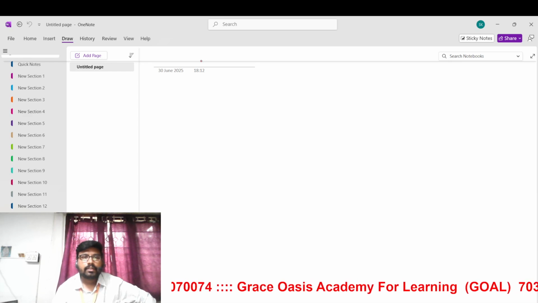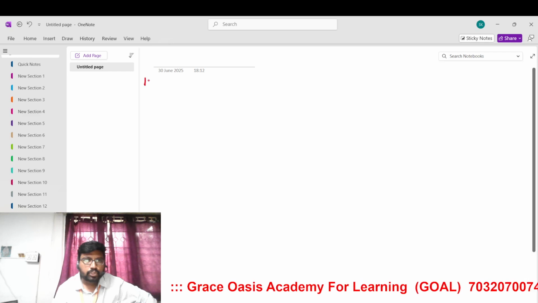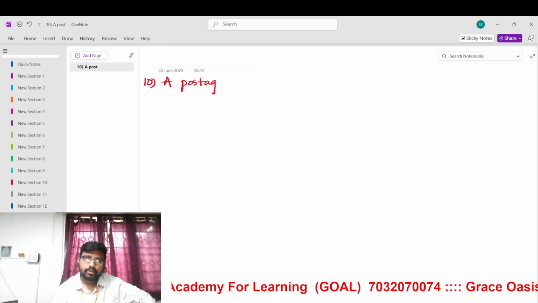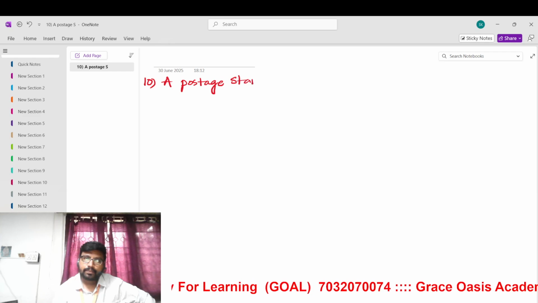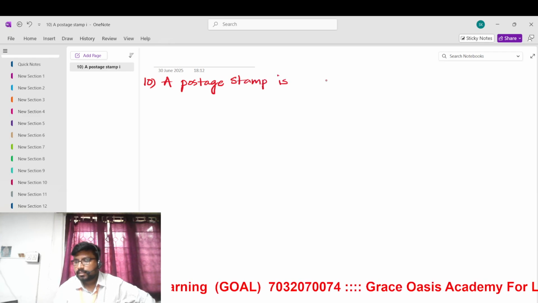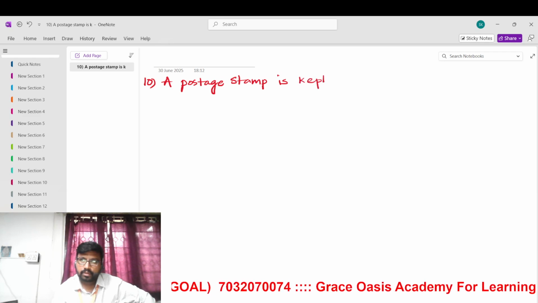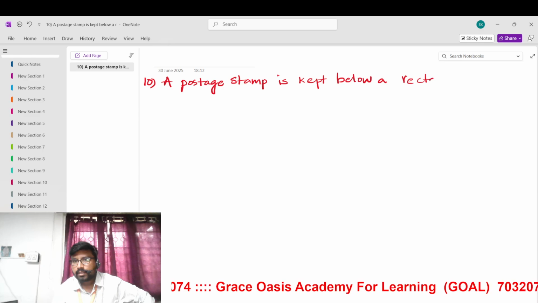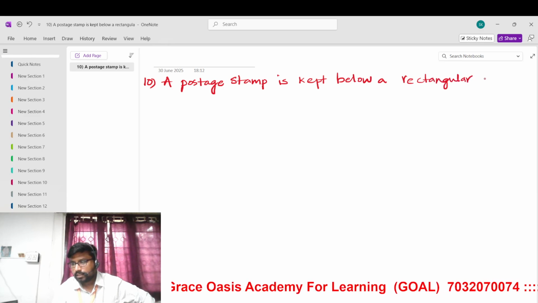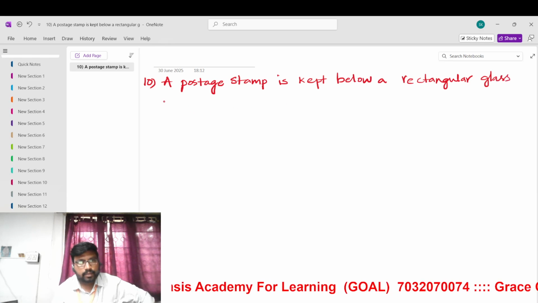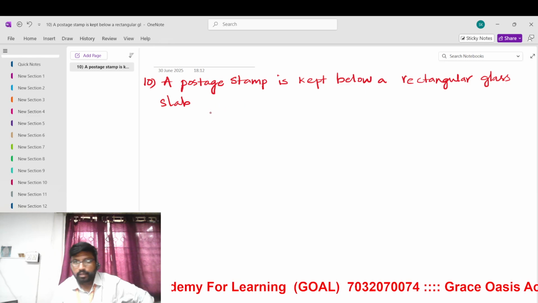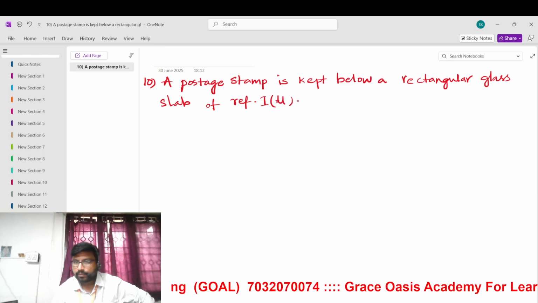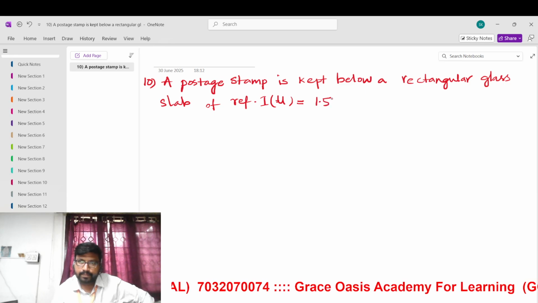A postage stamp, a postal stamp, is kept below a rectangular glass slab of refractive index mu equals 1.5.